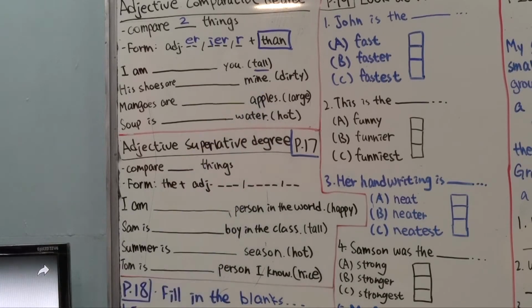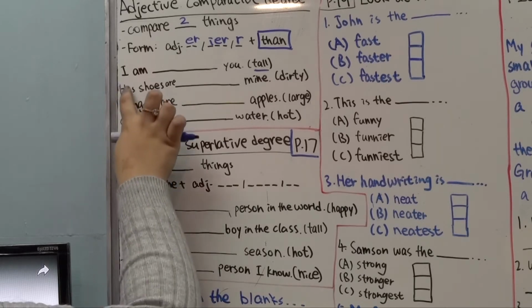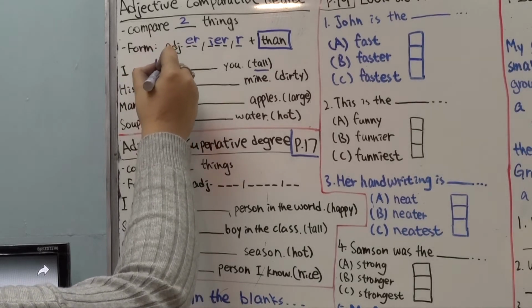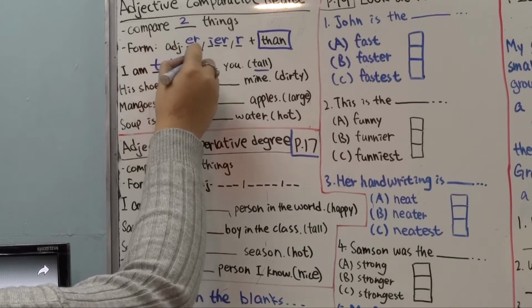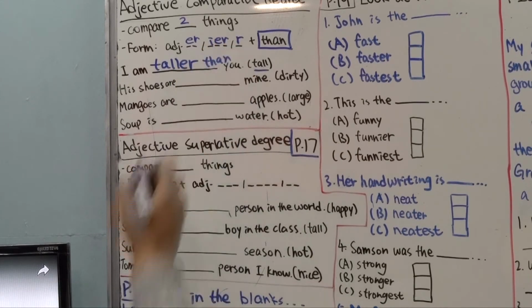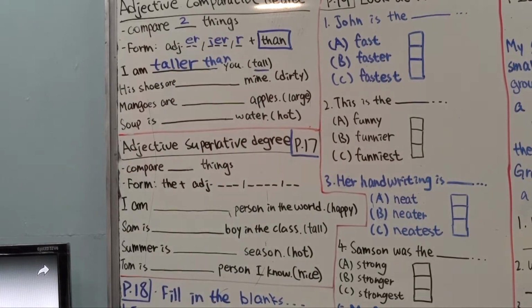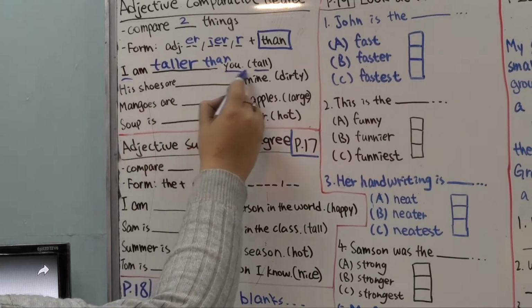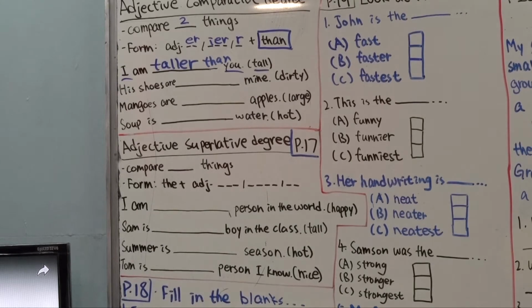Is letter L a vowel? No, right? They are consonants. So normally we just add, what do we add? We add ER, right? I am taller, and then what do we add? Than. I am taller than you. Two things, right? I, you. Two things. That's why we use comparative.